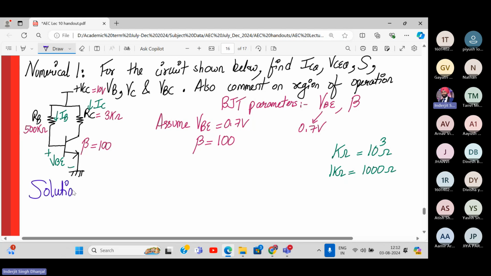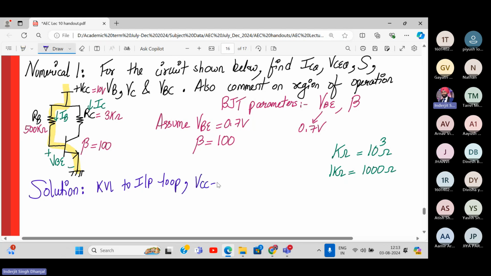So let's write down the solution. First we apply KVL to the input loop. We have already done that, right? We have done the analysis, so I'm writing it directly.